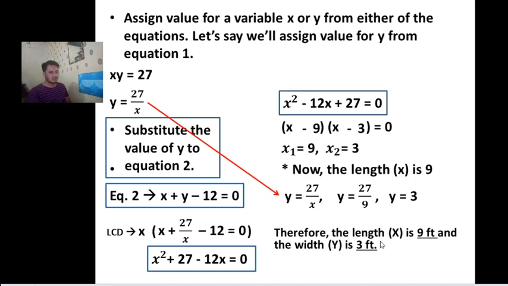And that is the area. Check. For the perimeter, we have 2 times the quantity of 9 plus 3. 9 plus 3 equals 12, times 2, that is 24. And our perimeter is 24 feet. And that is check.